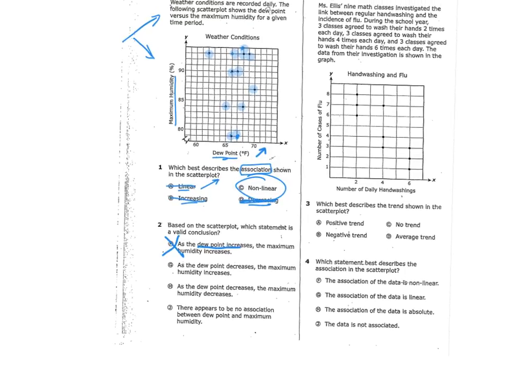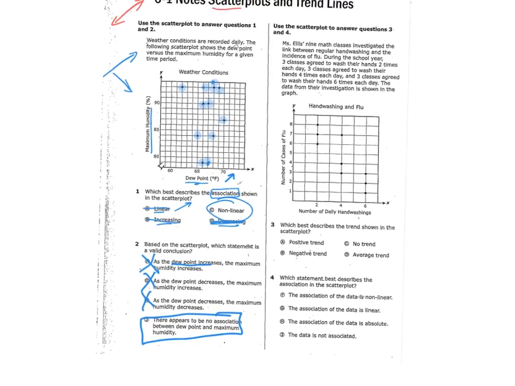Again, there wasn't really a trend or a correlation between the two. H, as the dew point decreases, the maximum humidity increases. So again, there wasn't really a trend. J, there appears to be no association between the dew point and the maximum humidity. So it's going to be J.